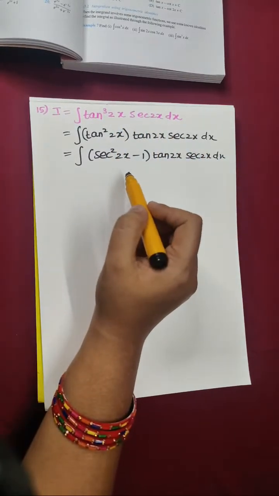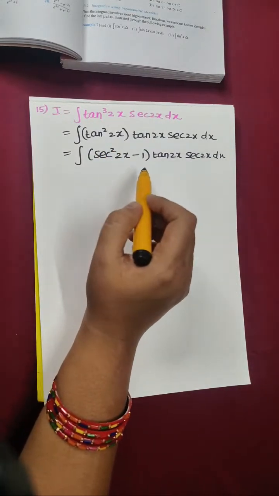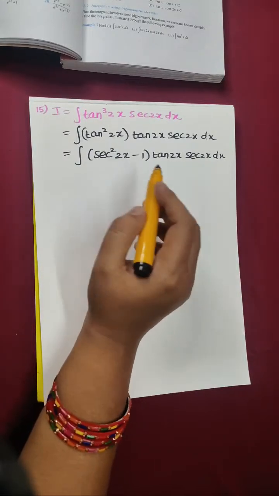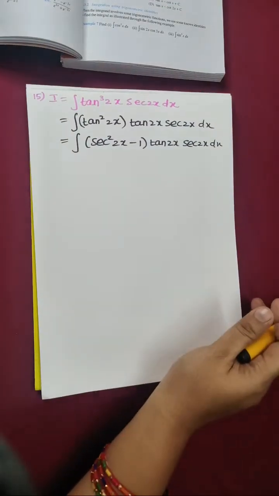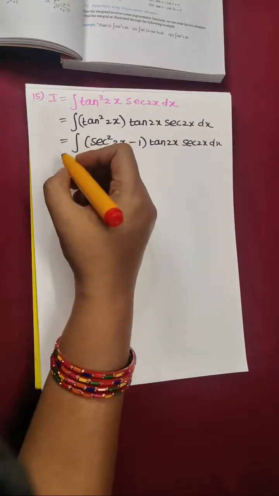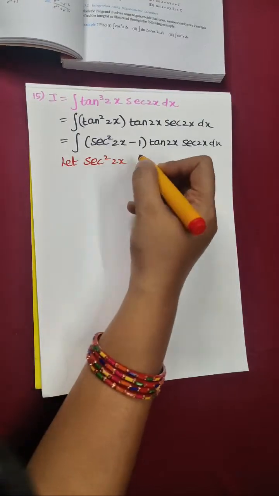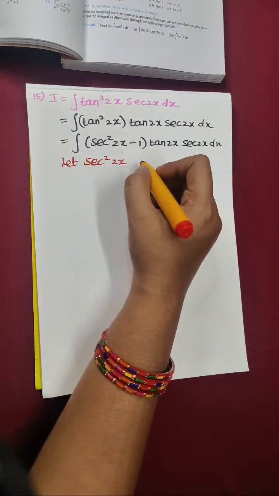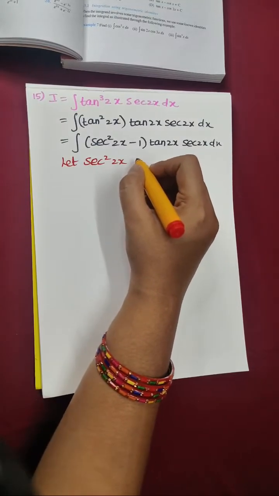So we are replacing in terms of secant, so that if you take secant 2x as t, you will get the differentiation of secant as secant into tan. So it will be easy to substitute. For that reason, we are using the identity, expressing tan in terms of secant. Now the assumption: let secant square 2x minus 1, straight away you can take that as t, or simply secant square 2x.